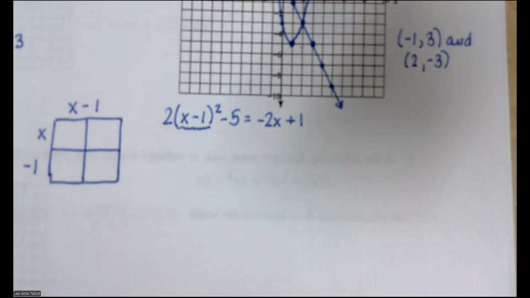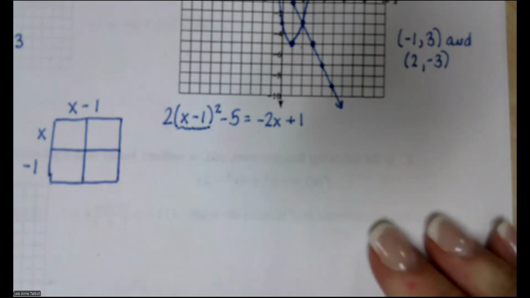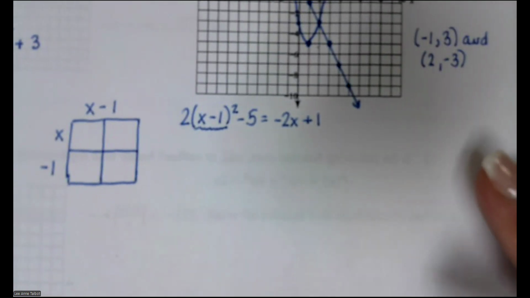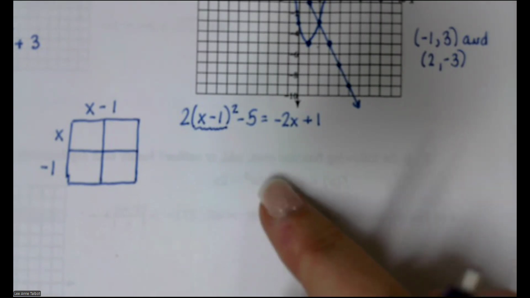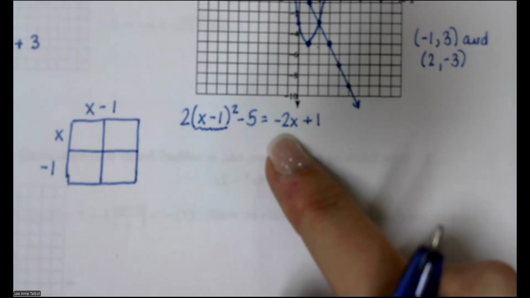The first thing I'm going to do is undo the (x minus 1) squared. Now, you don't have to do this all the time. Do you guys know when to do it and when not to do it? You don't know? Cody knows. You don't know. Okay, it has to do with this.